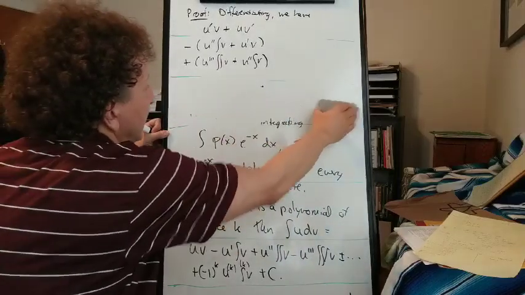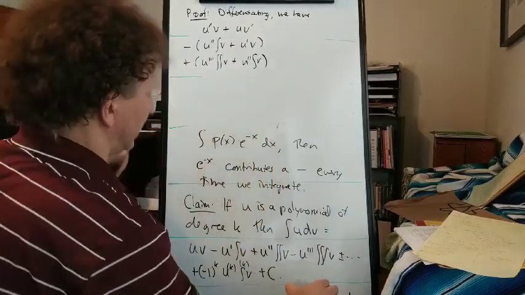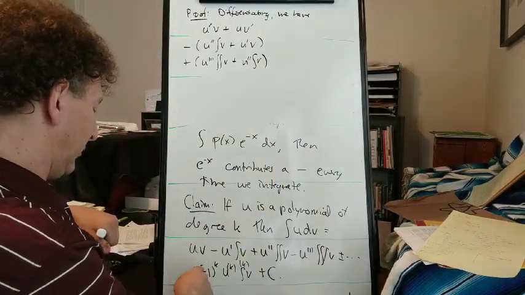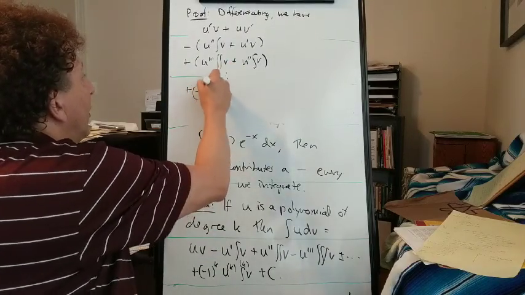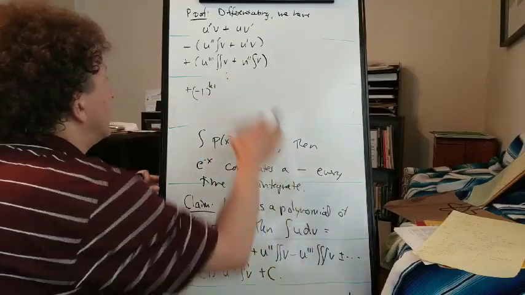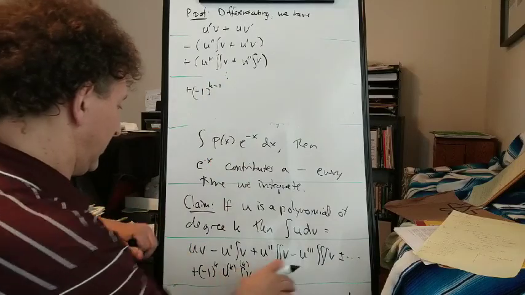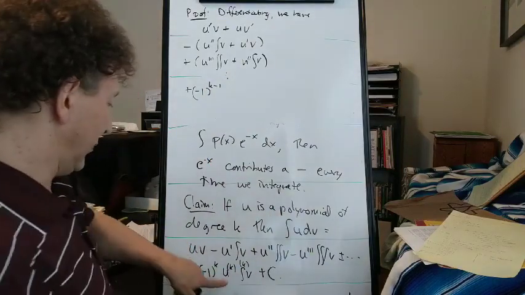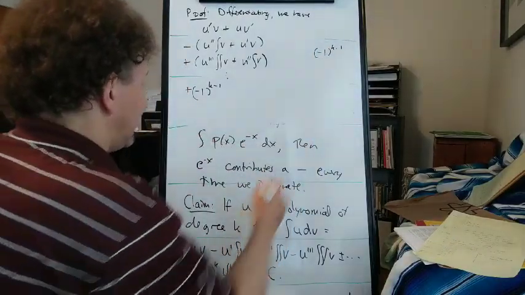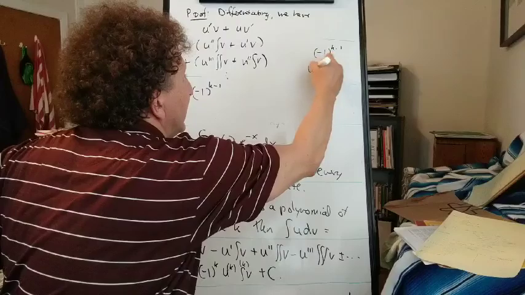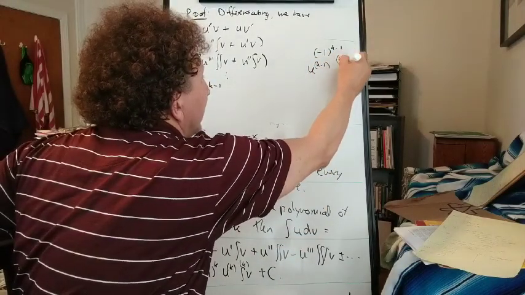etc. Let's skip to the k minus first derivative here. So we'll have a negative 1 to the k minus 1. I didn't write down this term, but it's negative 1 to the k minus 1, k minus first derivative of u, k minus first integral of v.